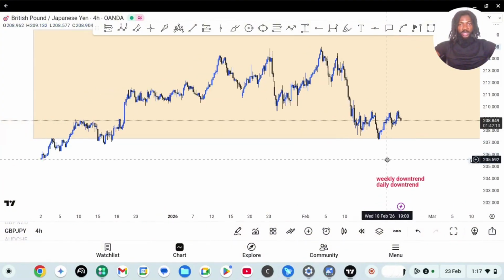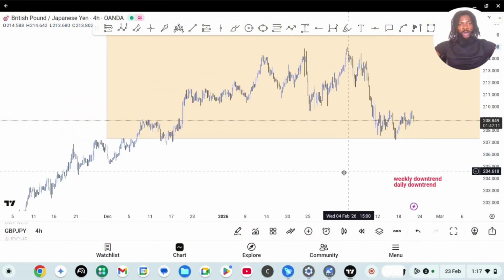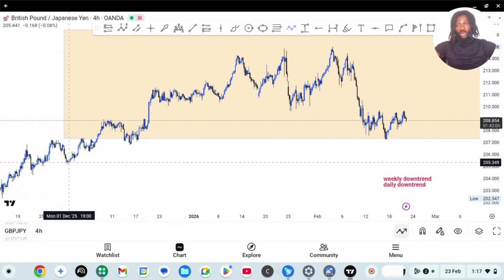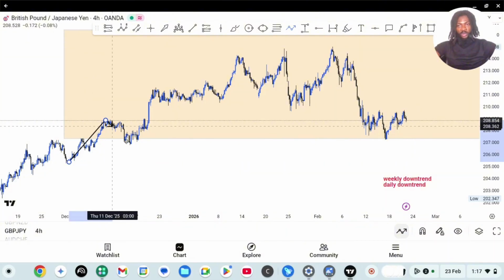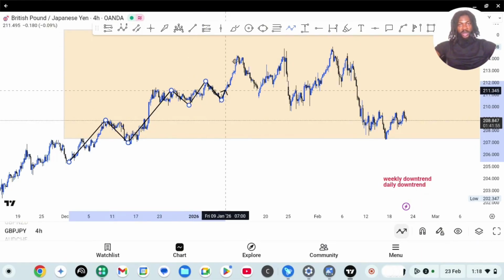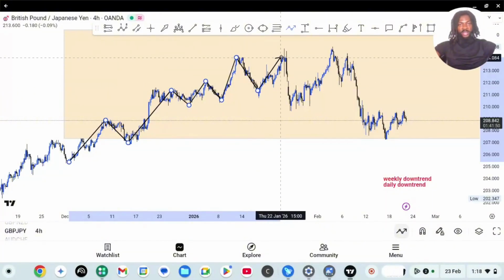Now, as you can see in the 4 hour time frame, let me mark the structure. We have been going upward for a while: higher low, higher high, higher low, higher high. The market makes a high.